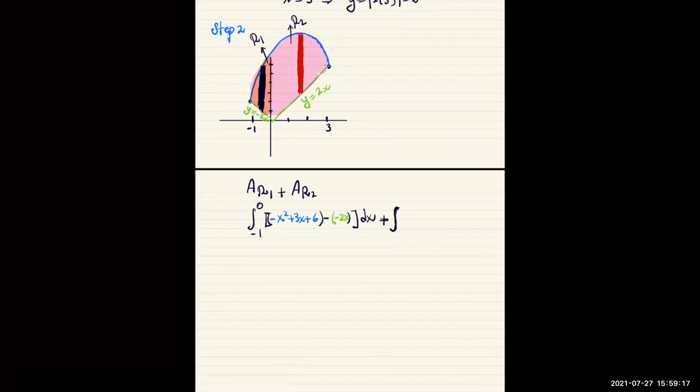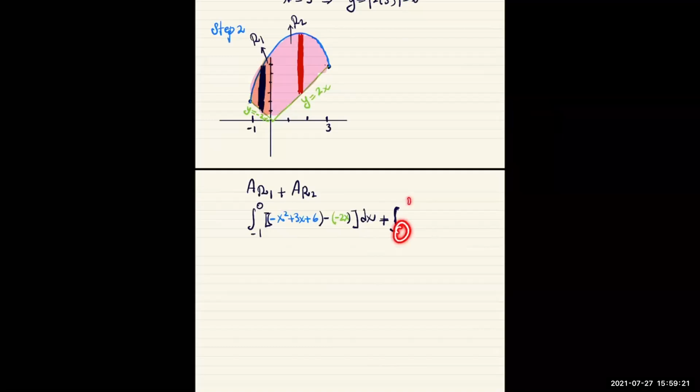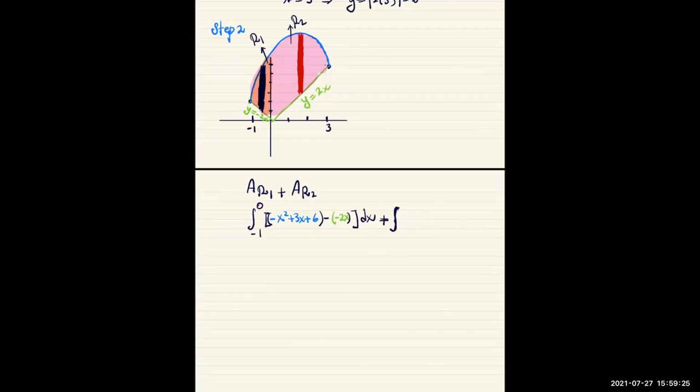Can anyone tell me the bounds of integration for this integral? Where does it start and where does it end? From 0 to what, guys? To 3. From here to here. Okay, and again, for this rectangle, the top function is the blue graph.